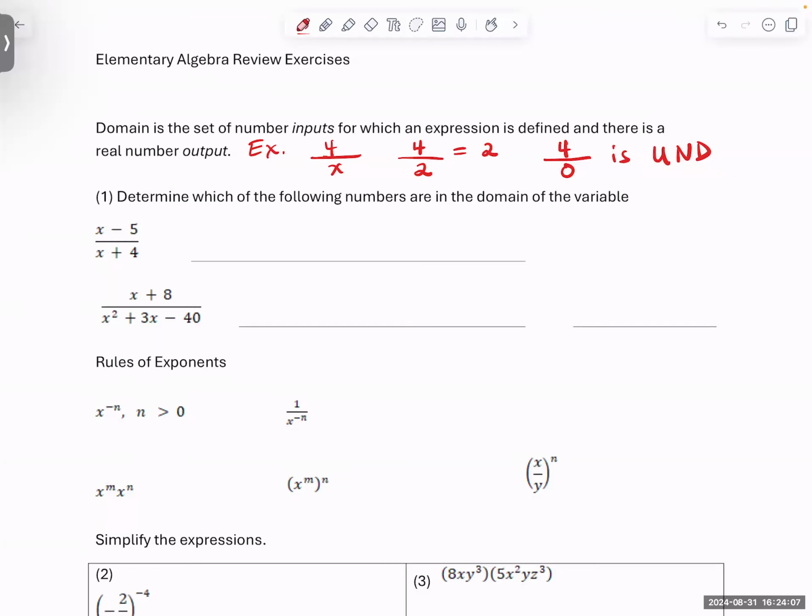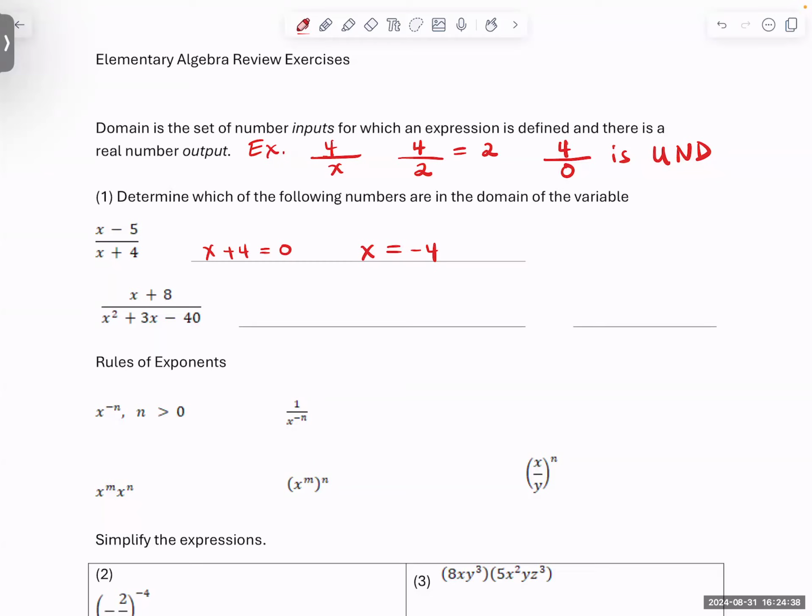By inspection, we can see that if x is negative 4, the denominator would be 0. In more complicated cases, we would set the denominator equal to 0 and then solve. The solution of negative 4 is the number input which would give division by 0. So this rational expression is defined for all real numbers except negative 4.